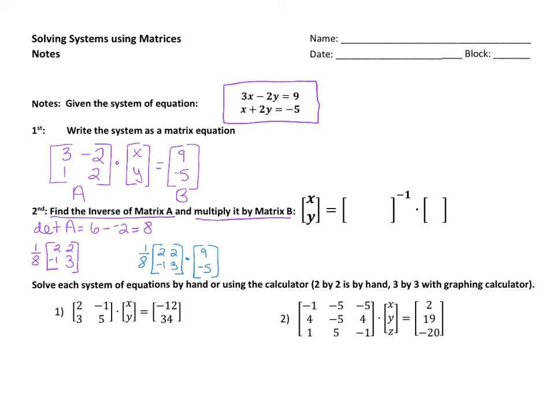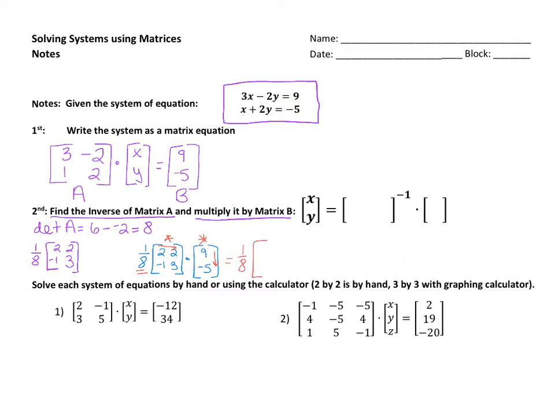But what I'm going to do is multiply this matrix times this matrix, and then multiply it by 1/8. So remember, when we multiply matrices, we multiply the rows times the columns. So I'm going to leave this 1/8 out in front because I have to remember to multiply by that.